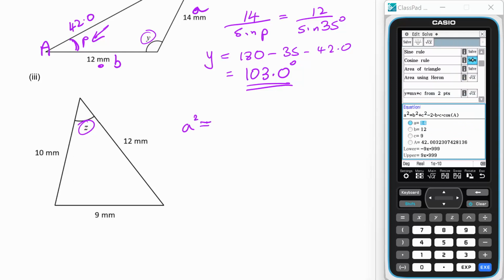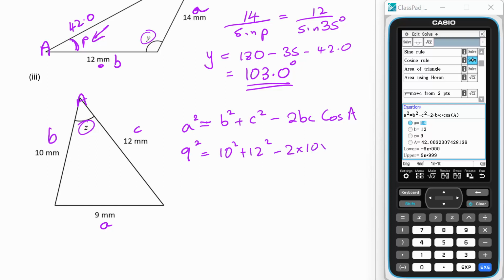A squared is equal to B squared plus C squared minus 2BC cos A. And so this one would be A, and B, and C. And so I've got 9 squared is equal to 10 squared plus 12 squared, take away 2 times 10 times 12 times the cosine of Z.